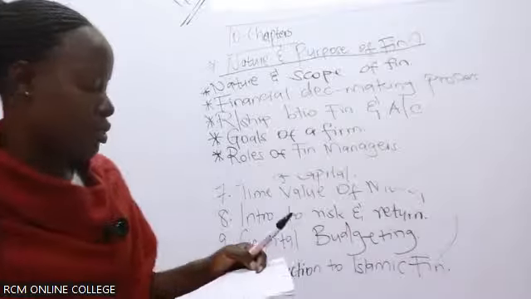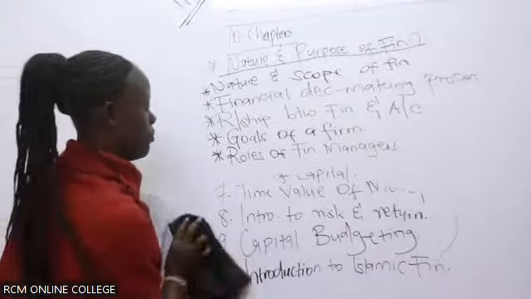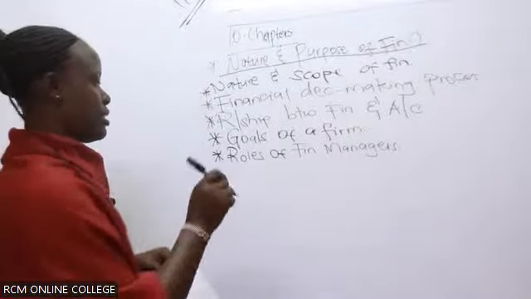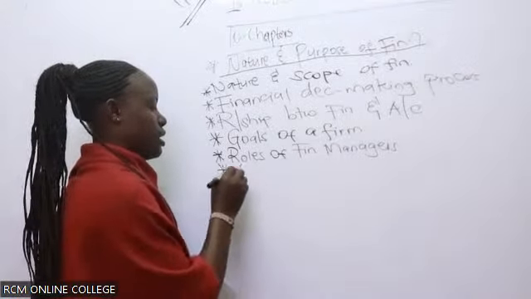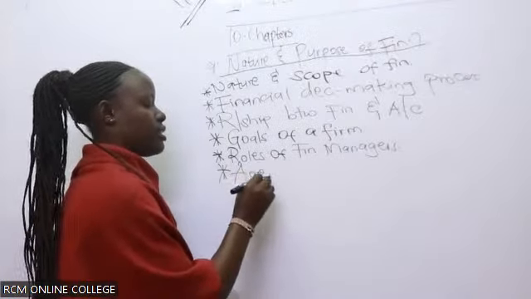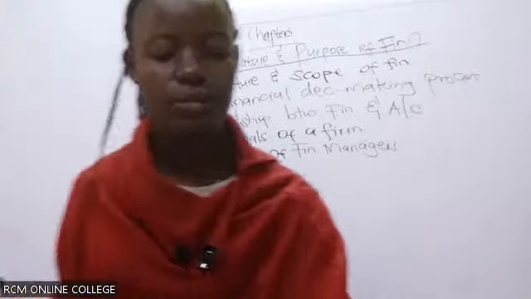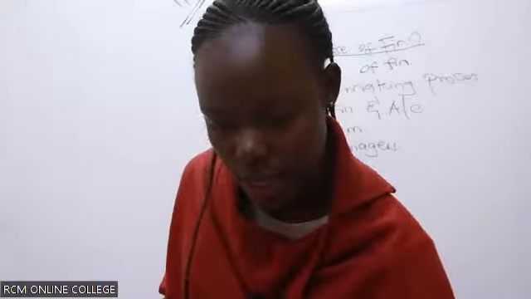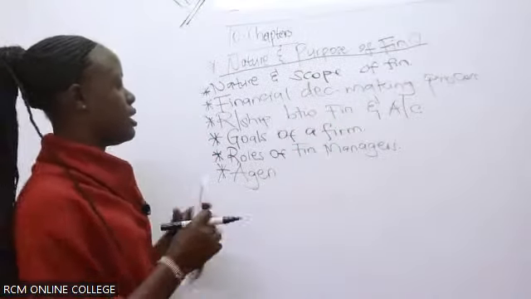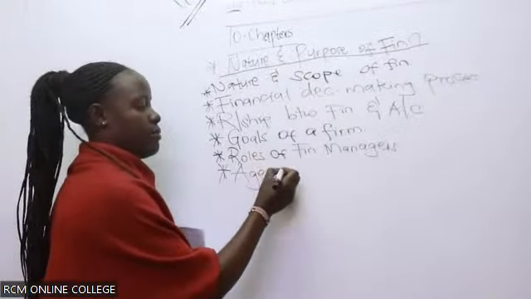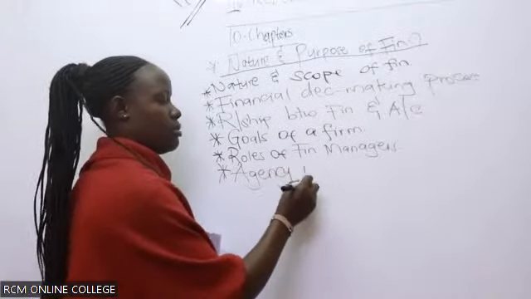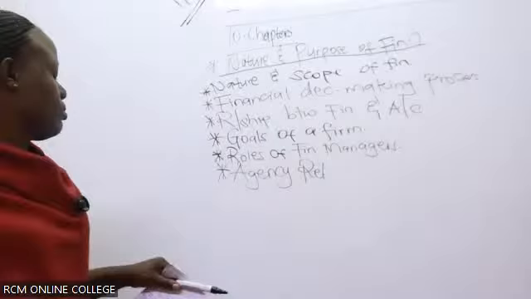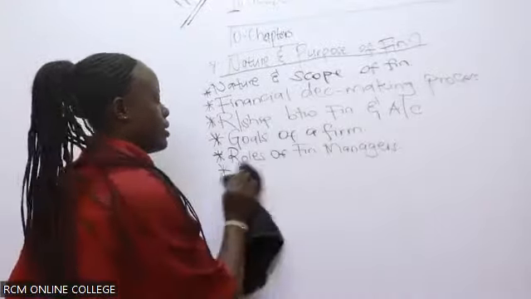Once you look at that, you'll also look at the agency theory, or the agency relationship, the relationship that is there between various parties.